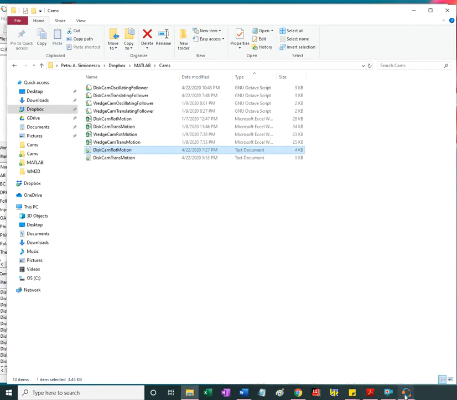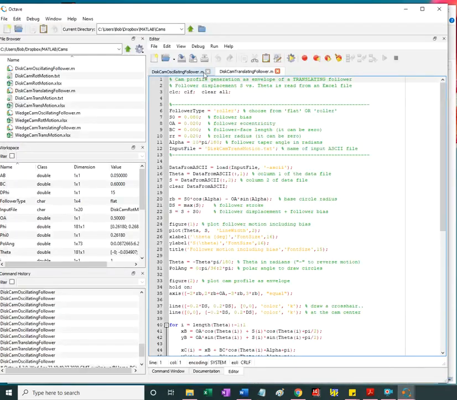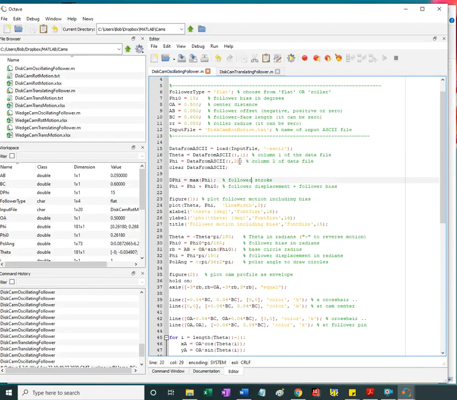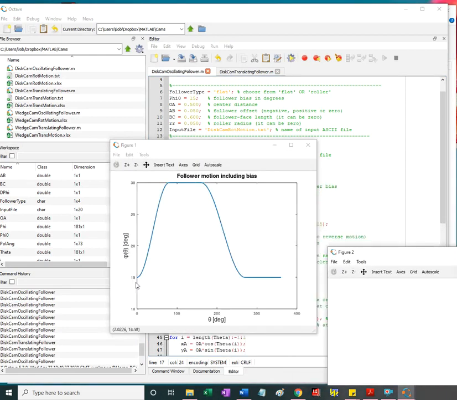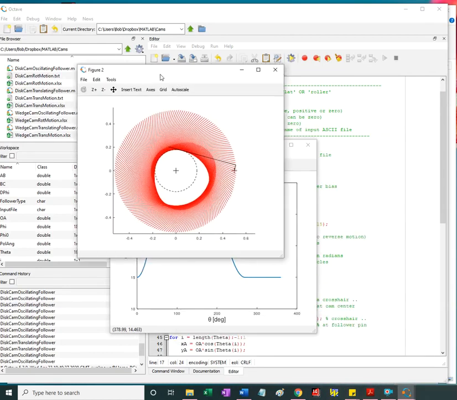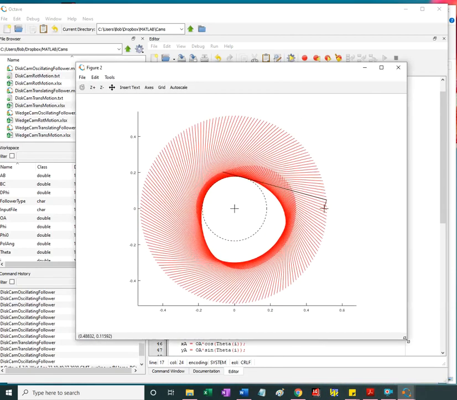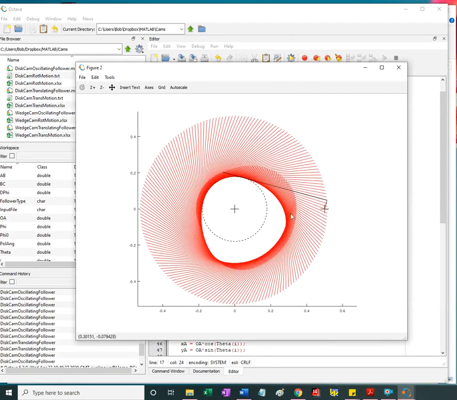I could go back here and change it so that instead of column 2 it reads column 3. I haven't tried this. Yeah, so you saw instead of that linear rise and return, now the follower motion was harmonic?